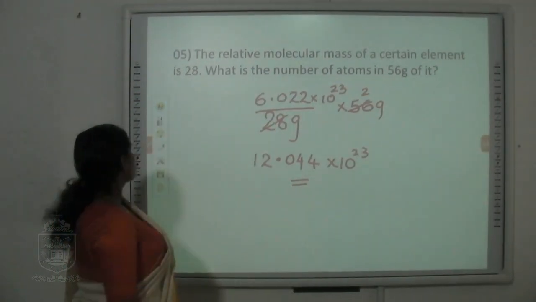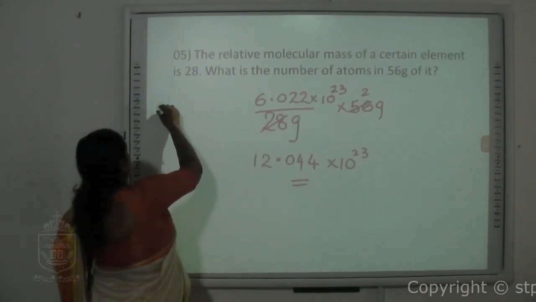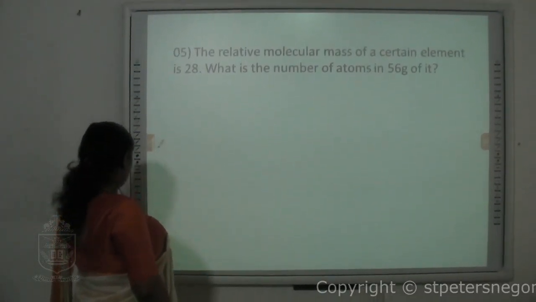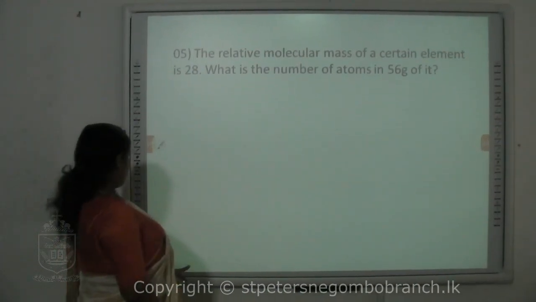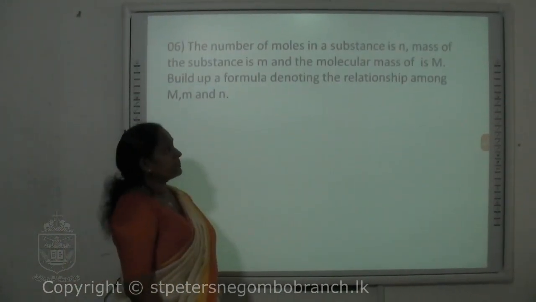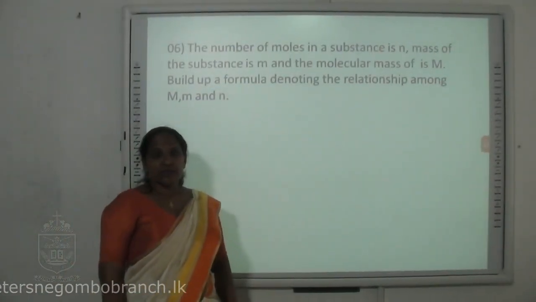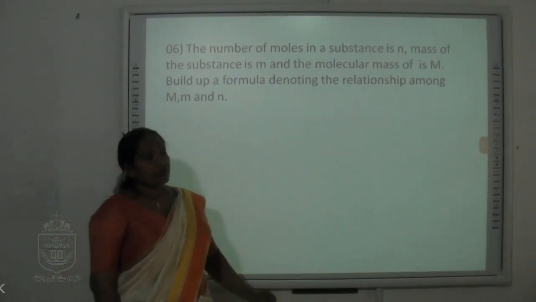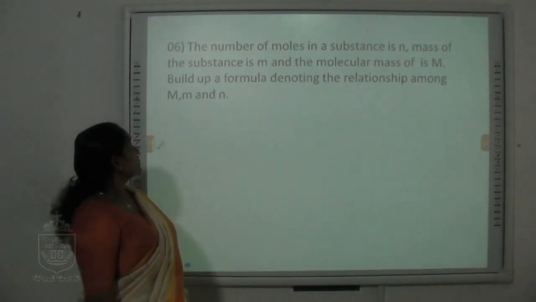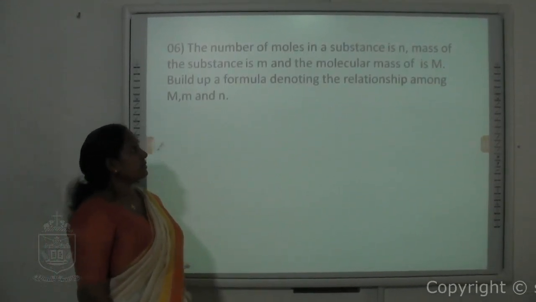Now we'll go to the next question, the sixth question. Last week also we discussed the way of finding this equation. The number of moles in a substance is n.